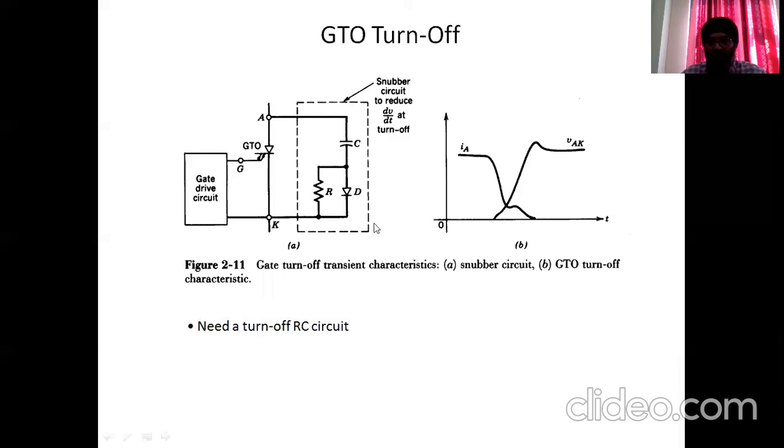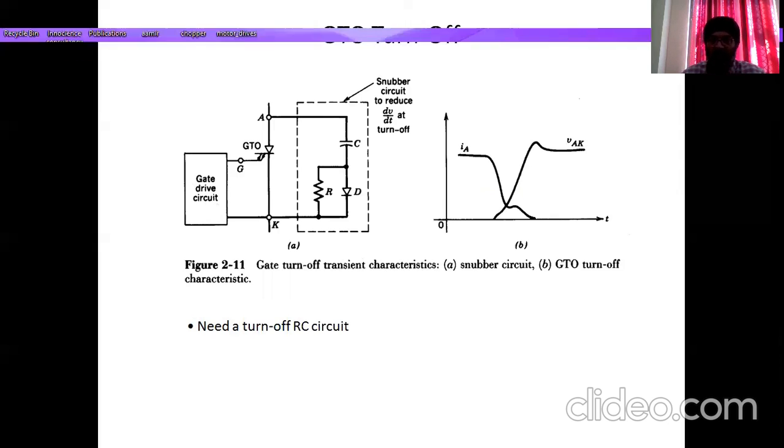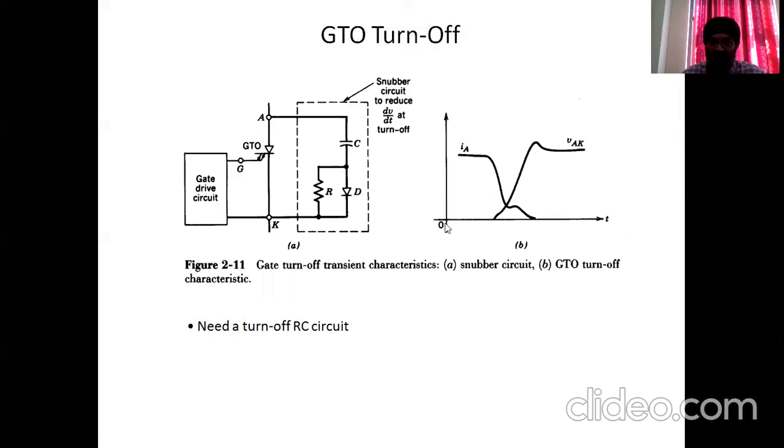This is an example of the gate turn-off characteristics of a GTO. The gate drive circuit is connected to the gate terminal of this device, which can turn on the GTO as well as turn off the GTO. But another circuit is added here, which we will study later in this lecture, a snubber circuit.